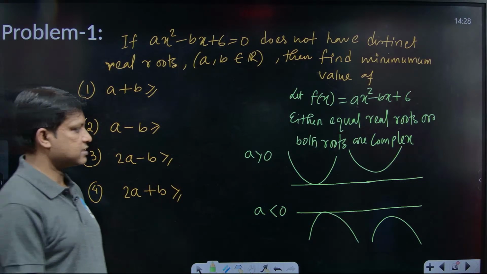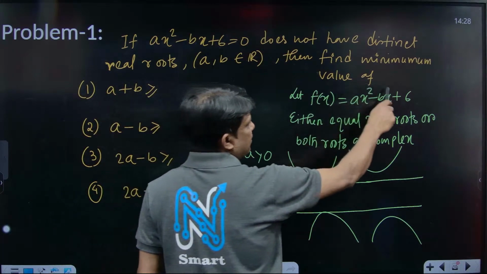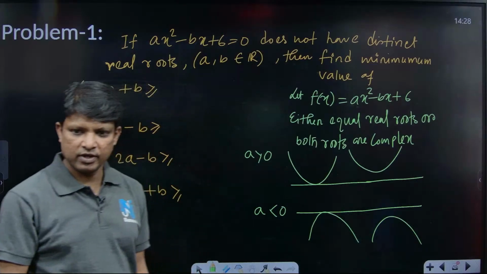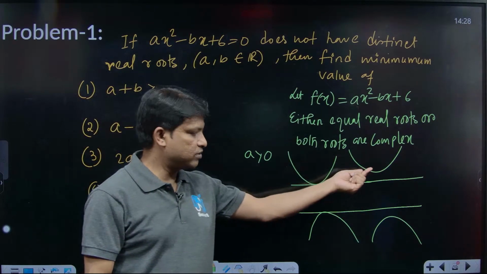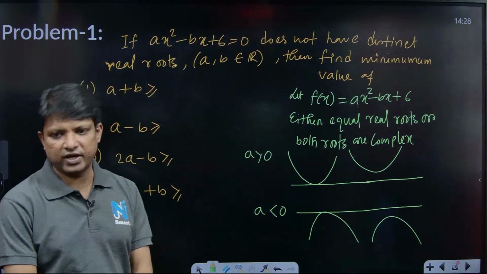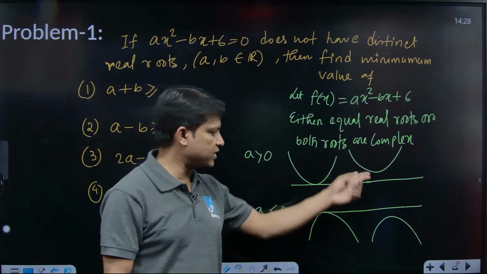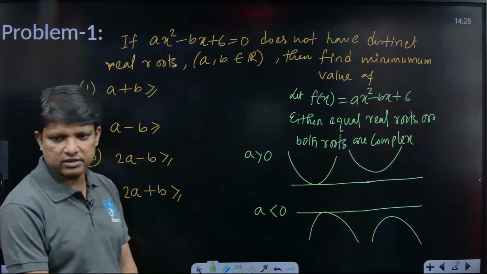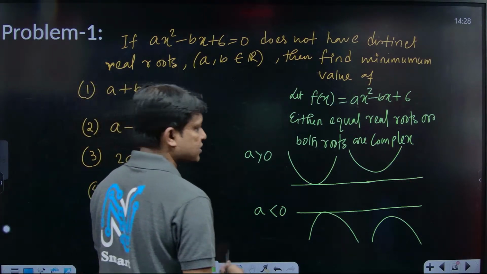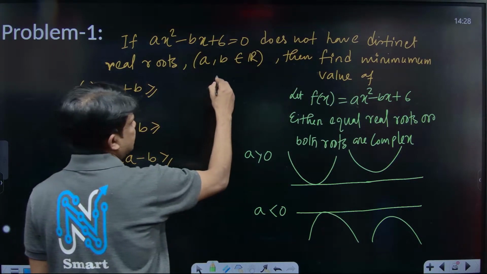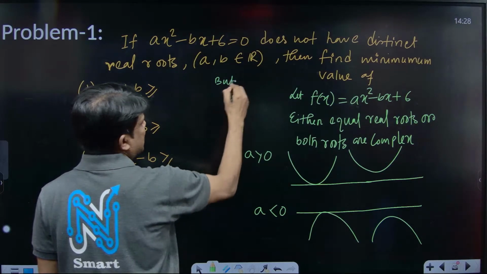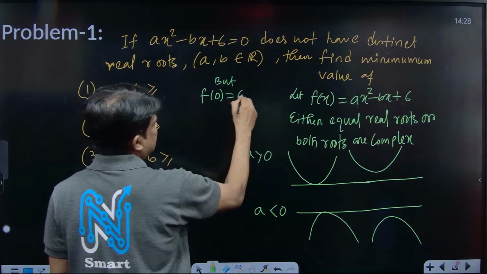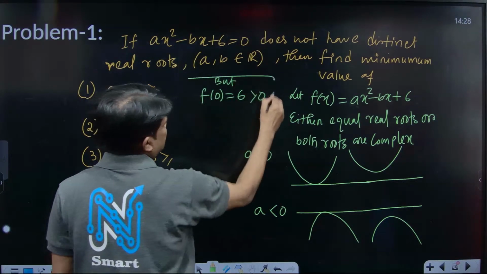But one condition is given: for one particular value of x, the function becomes positive. When the function is positive it cannot also give a negative value, because then the function would intersect the real axis, which is not possible as it does not have distinct real roots. Check f of 0, this is 6, a positive output.